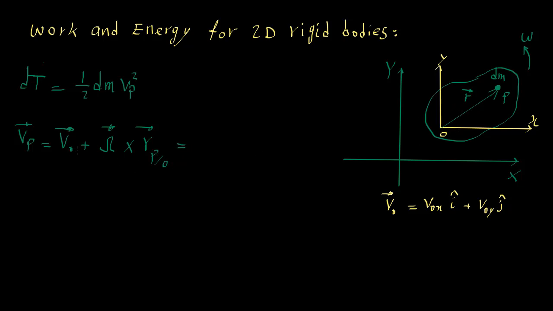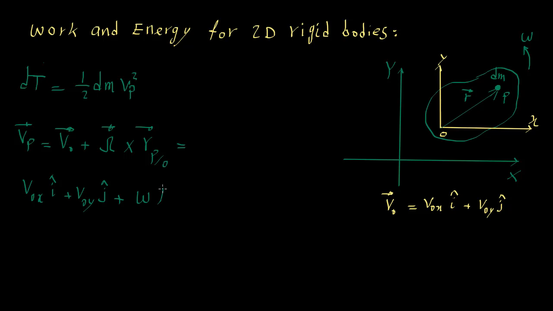So let me use this equation that we have for Vo and expand these terms. I can write down this is equal to Vox in the I direction, plus Voy in the J direction, plus omega. Because we are in 2D, omega would be a scalar quantity times the k direction.